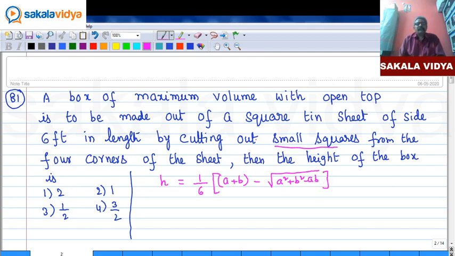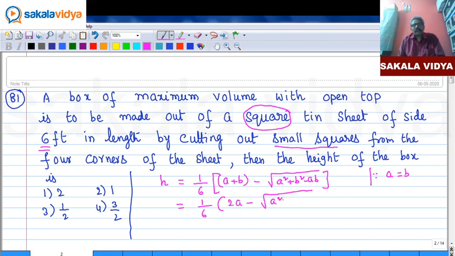Here, instead of a rectangle, we have a square. Square means a equals b. So take a equal to b and put it here. What do you get now? 1/6 of 2a minus root of a square plus b square minus a into b.